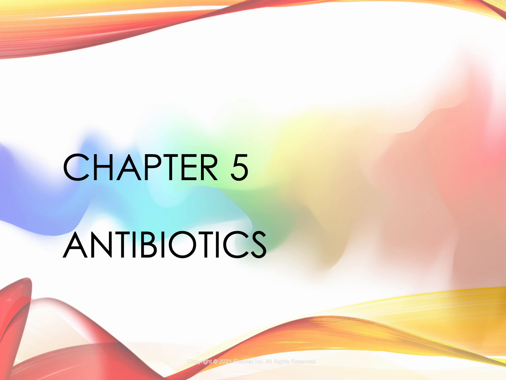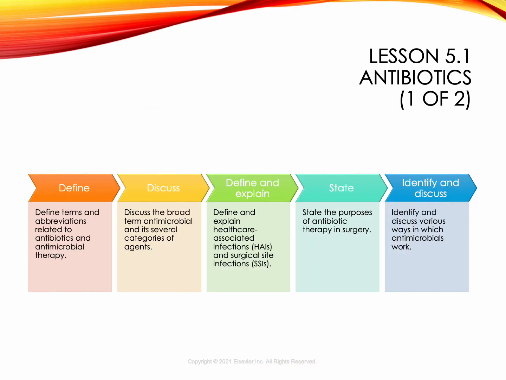So the purpose of this lecture is to provide aspiring surgical technologists with a better understanding of antibiotics and antimicrobial therapy. By the end of this lecture, you should be able to define terms and recognize abbreviations associated with antibiotics and antimicrobial therapy. You should also be able to discuss the term antimicrobial and the categories and agents that it's associated with.